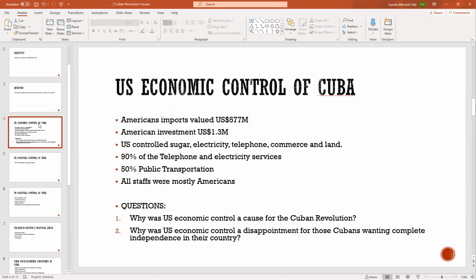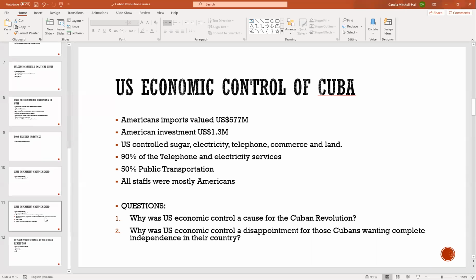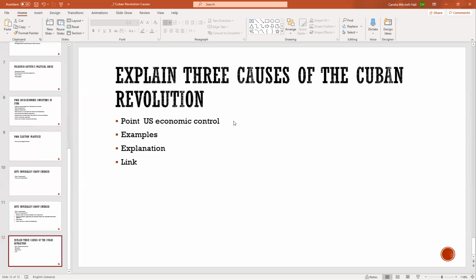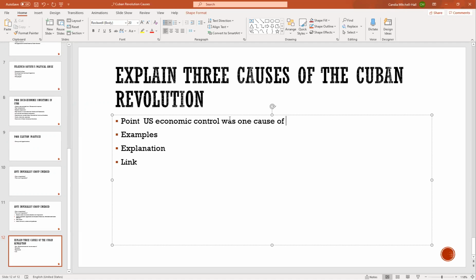So when you go into the exam, you can say U.S. economic control was one cause of the Cuban Revolution, right?